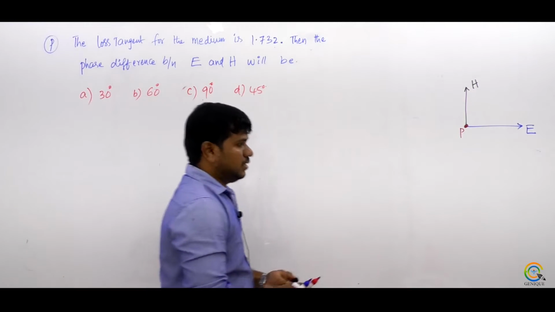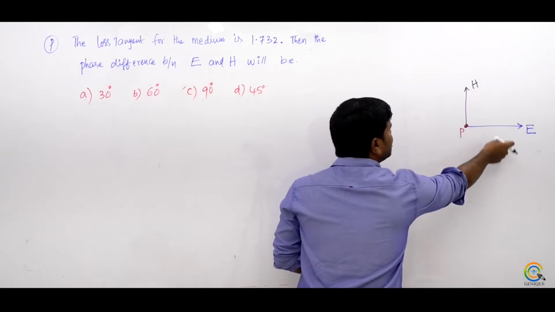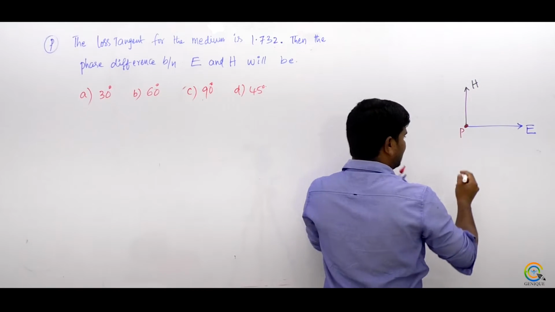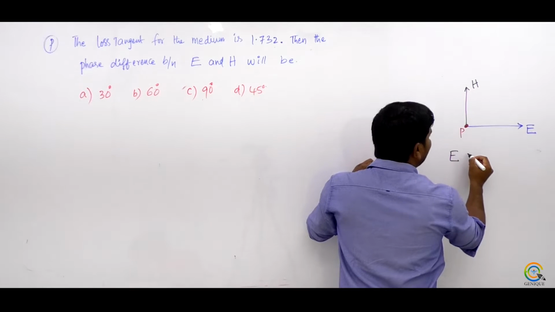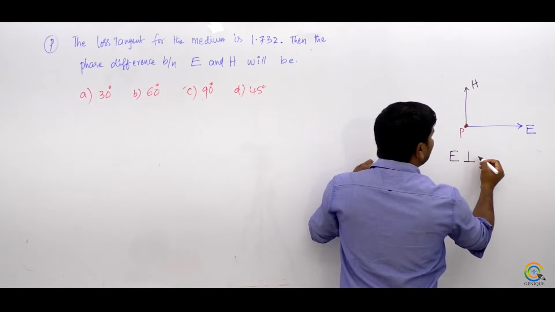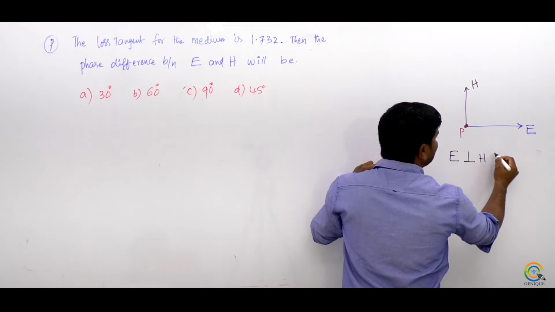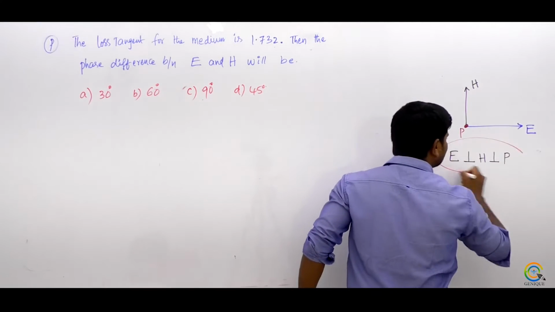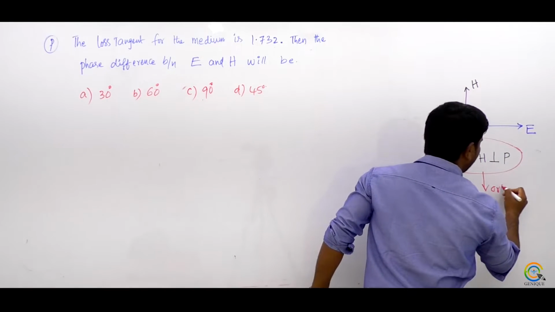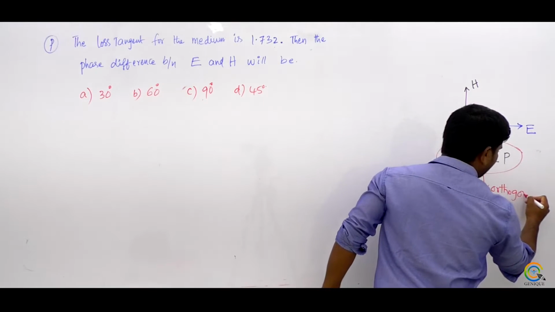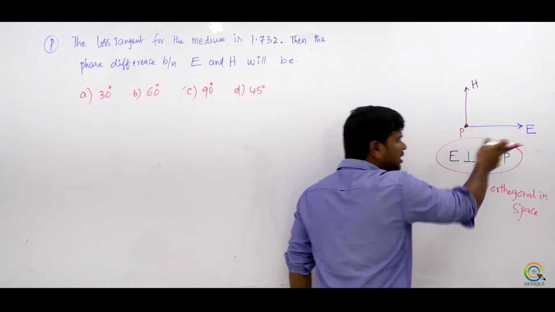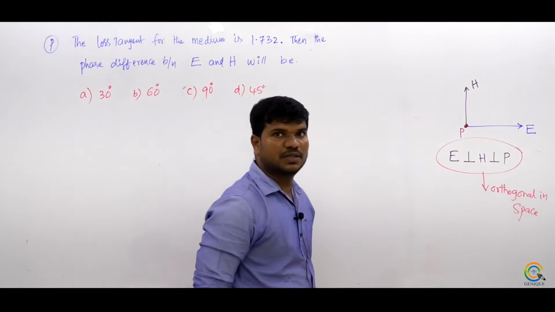If you observe this, these are orthogonal in space. E is perpendicular to H is perpendicular to the propagation direction. Space means x, y, z, like that.